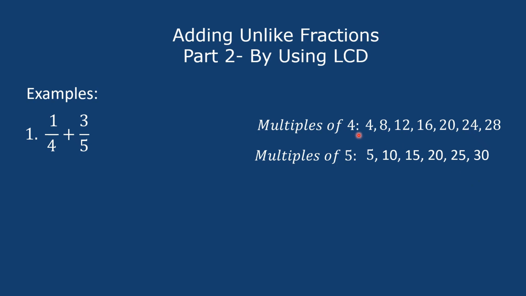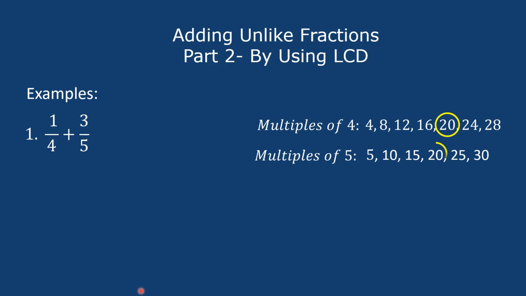And then compare the multiples of 4 with the multiples of 5. We can see that 20 is a multiple of 4. It is also a multiple of 5. So 20 is the least common multiple. And the least common multiple is the least common denominator.